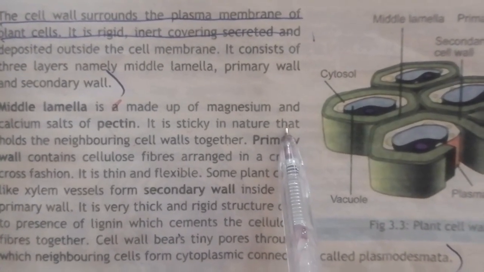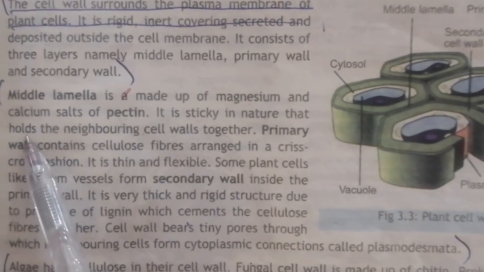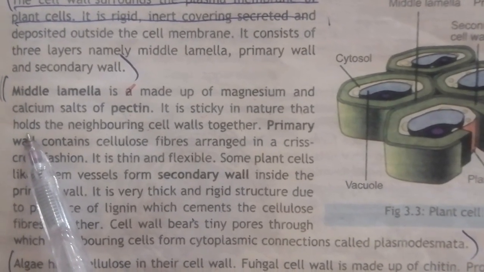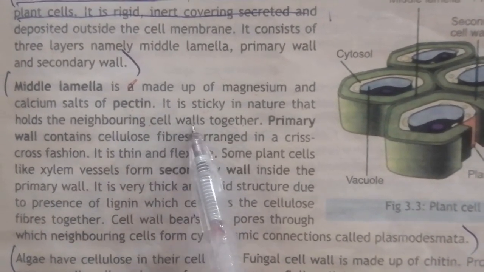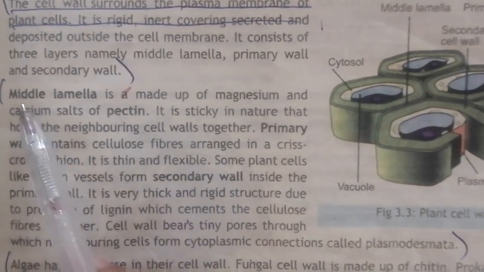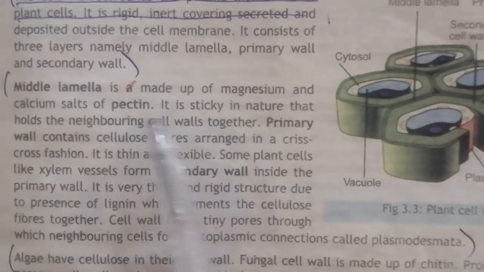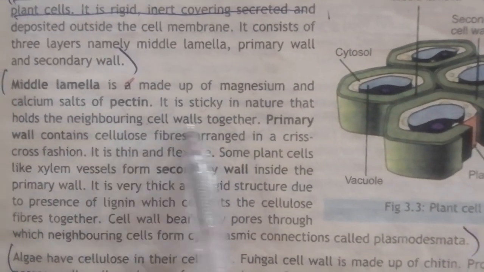And that's why it is involved in the function related to holding the 2 cell walls or cells together. So that's why it is present in the center. So up to here, the subtopic of middle lamella is completed.